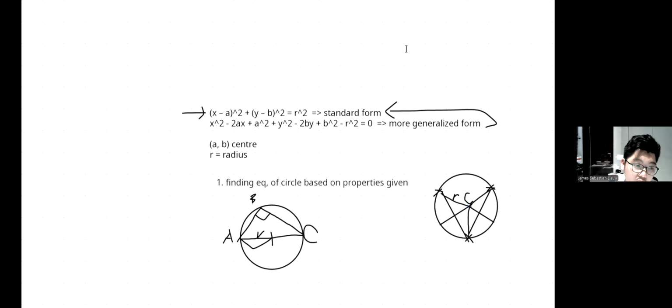The second type of problem that IGCSE likes to often give out is the tangent line to a circle. Most of you have probably already known differentiation. Well, in a way, because there's x squared, there's y squared, there's no neat way to get the derivative.